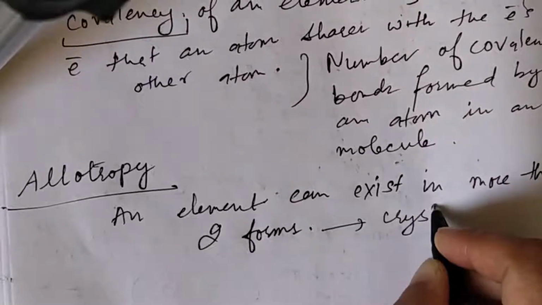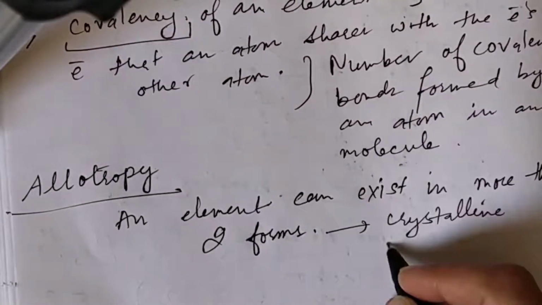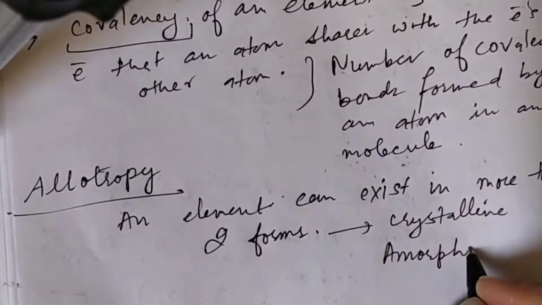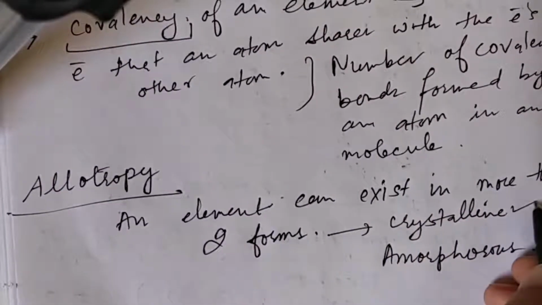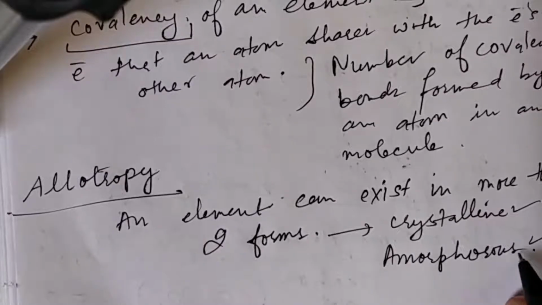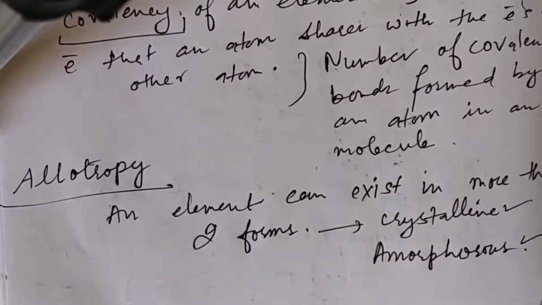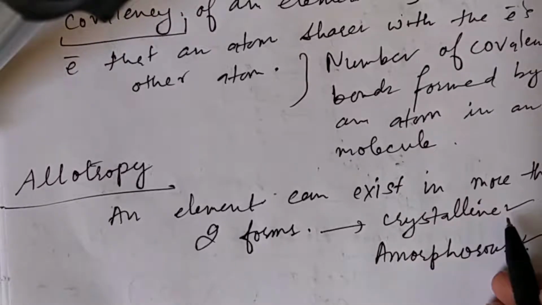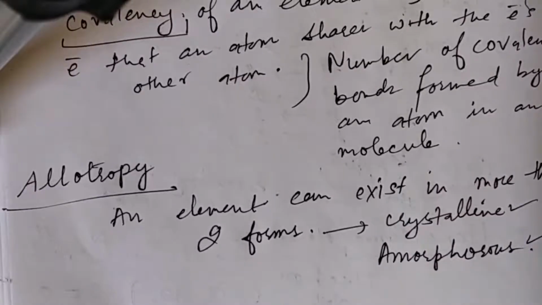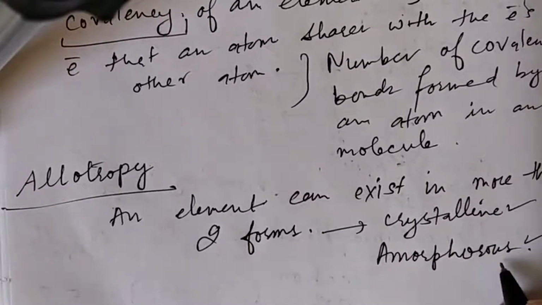You might know what crystalline and amorphous nature are: a well-defined structure in which an element exists in 3 dimensions is called a crystalline structure, while the powder form in which the element exists is known as its amorphous form.